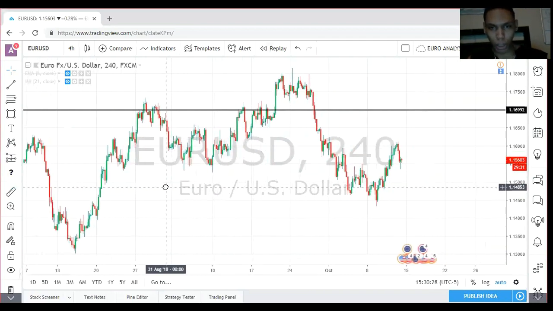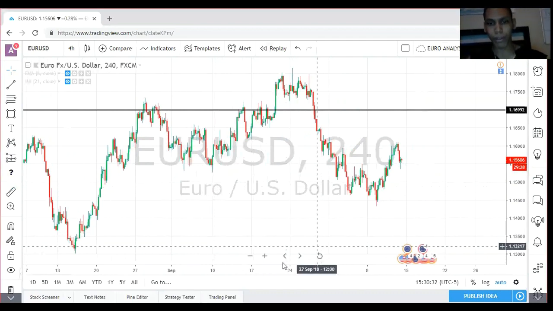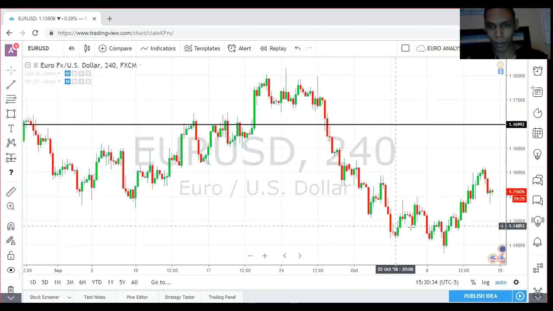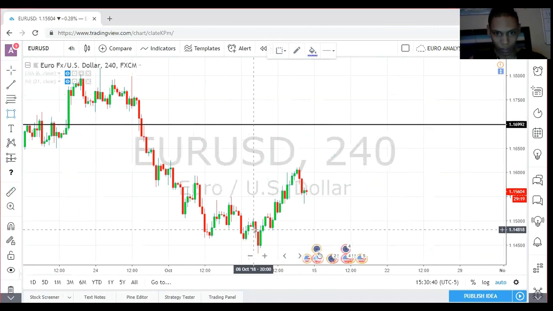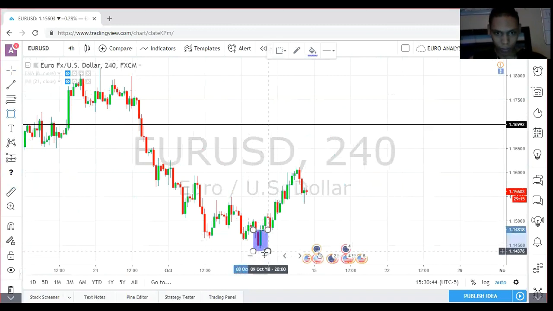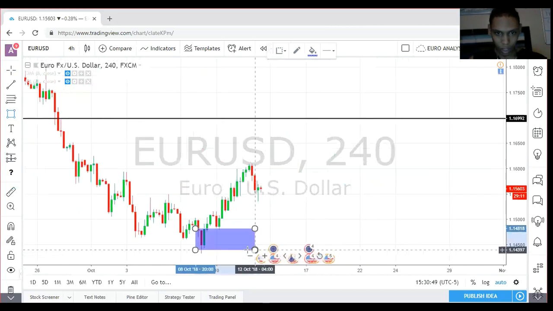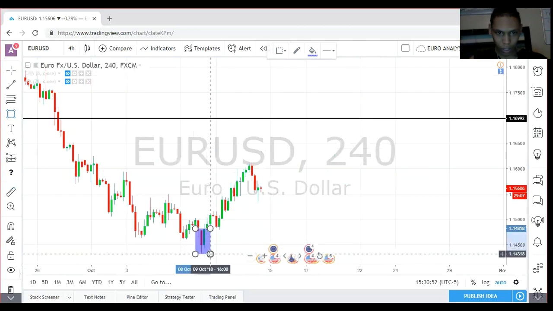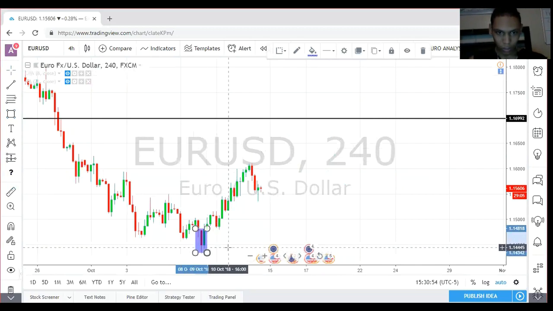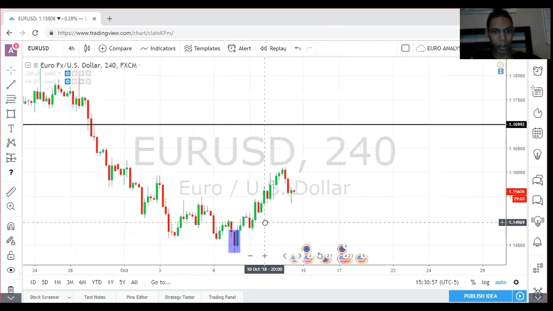People call them tweezer patterns. I call them tweezer patterns. This right here is a tweezer pattern. This right here is a tweezer pattern. That right there is a tweezer pattern.